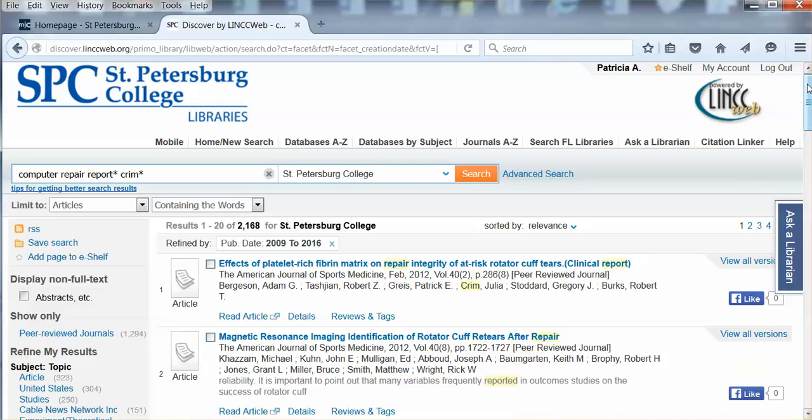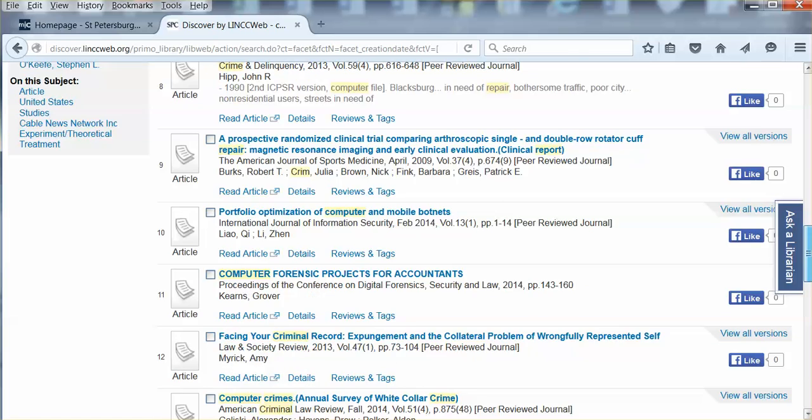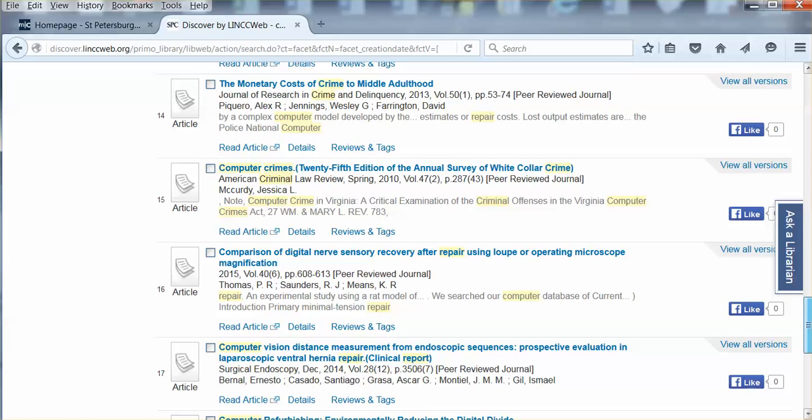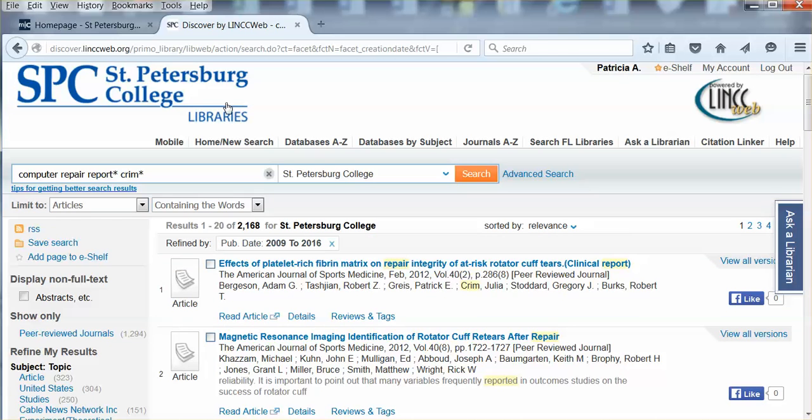And we get things all over the place, but I'm looking for anything that would be more specific on our topic of the computer repair person. So far, not anything too good, so I'm going to add the word technician and see if that will get us something a little more specific.